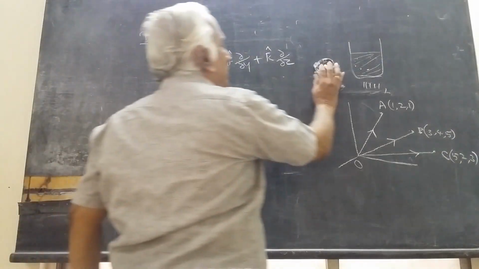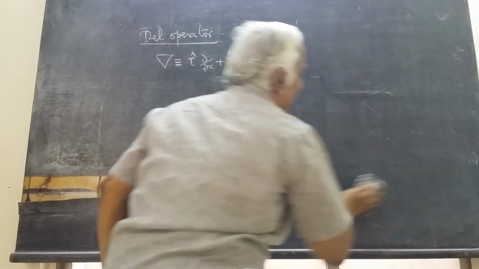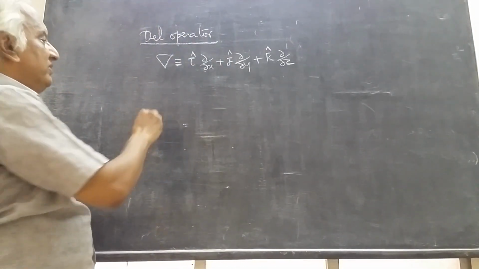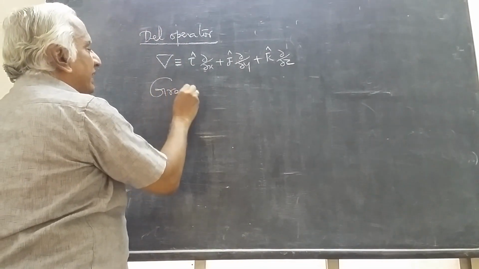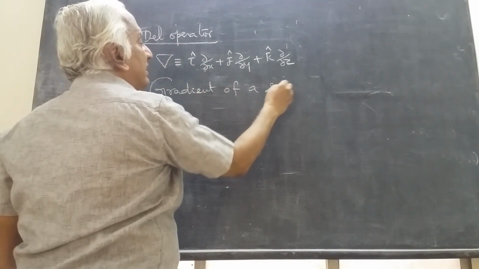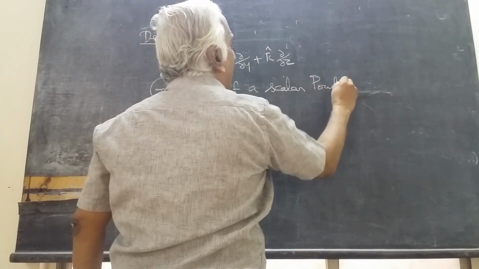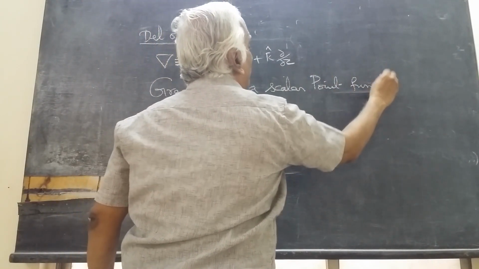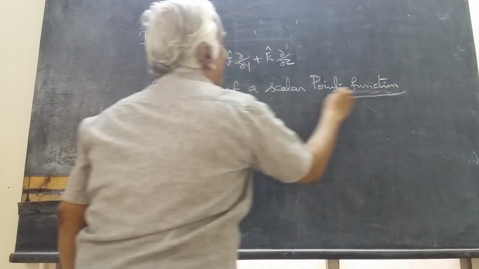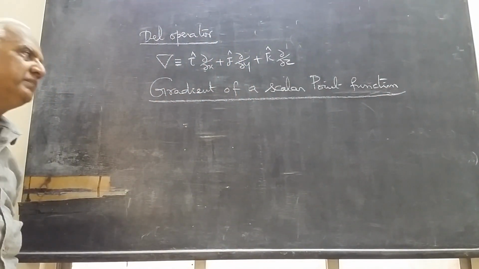Now we are going to define what is called the gradient of a scalar point function.